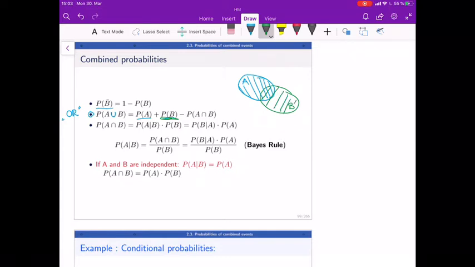Then we've taken this little bit here double, so we need to take off the intersection because that has been accounted twice for. So fairly plausible formula.